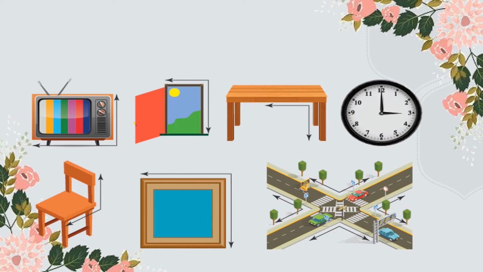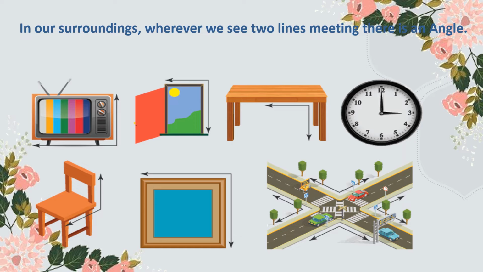The shapes that you see around you, your television set, the window, the table, the clock, the hands of the clock, the chair that you're sitting on, or the road where the three roads meet. Now, if you look in their surrounding, wherever you see two lines meeting, there is an angle being formed.